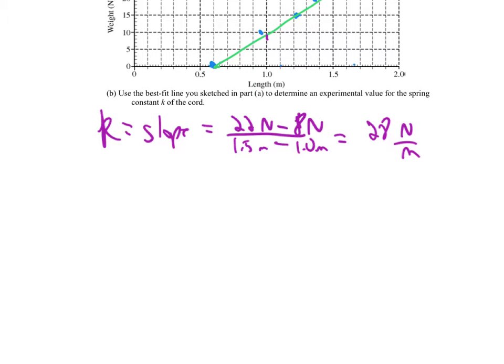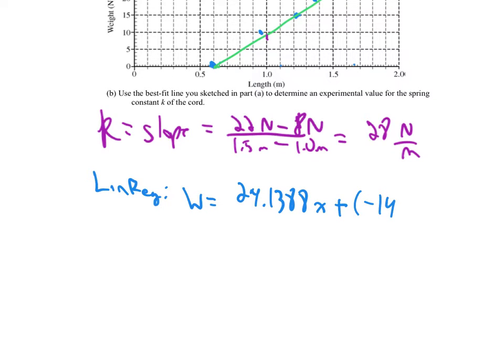As an aside, if you do this by linear regression on the calculator, you would get that the weight is 24.1388 times the position minus 14. So in which case you would say something like 24.